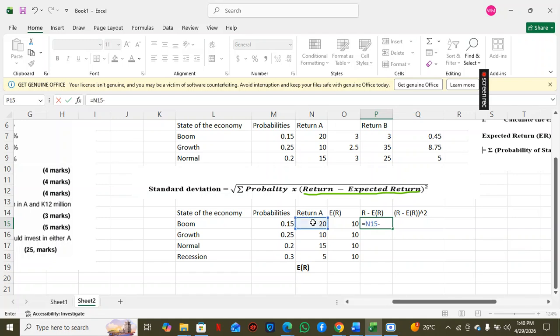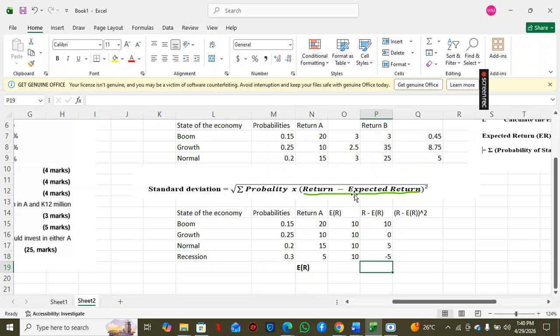So 20% minus 10%, 10. 10% minus 10%, 0. 15% minus 10%, 5%. 5% minus 10%, negative 5%. We have just subtracted the return minus the expected return.